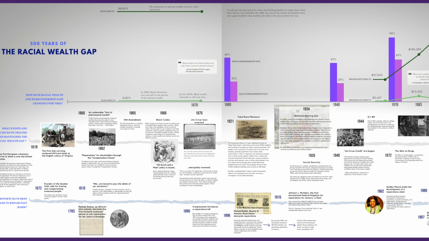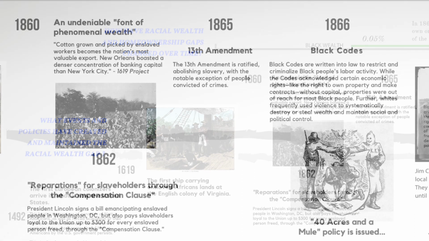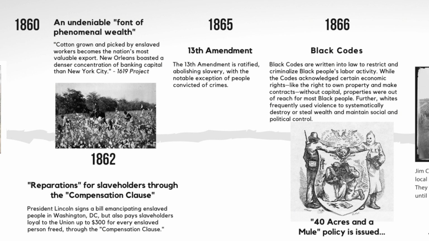Now let's look at a timeline. I'll highlight some key dates here. 1619, the first ship carrying highly skilled, enslaved Africans. They then land here at the English colony of Virginia. Then in 1860, we see a surge of wealth created.